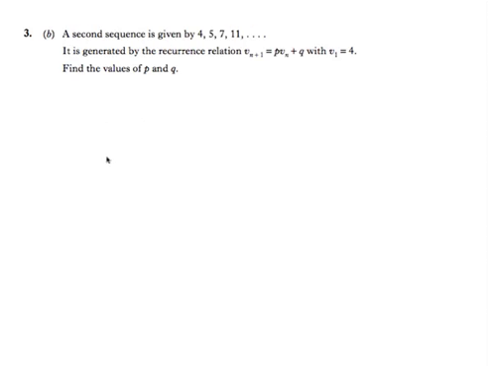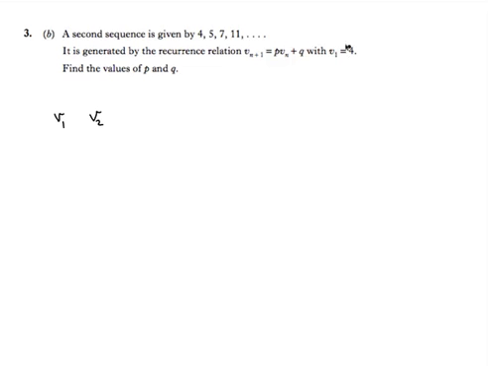Moving on to part B of the question. Same sort of setup, but this time a different sequence. So let's do the same as we did before. You'll notice that the relationship this time involves V's and not U's. So we're starting with a sequence V1, V2.